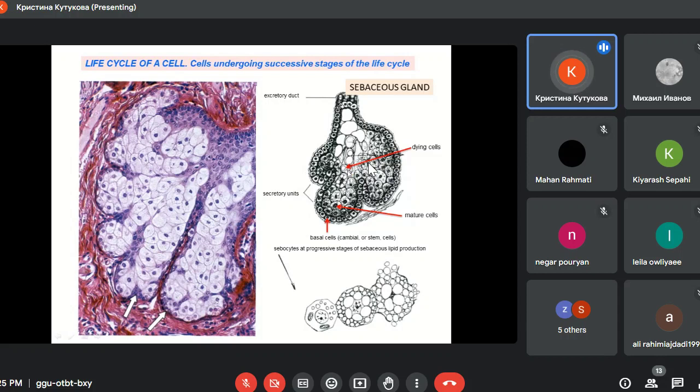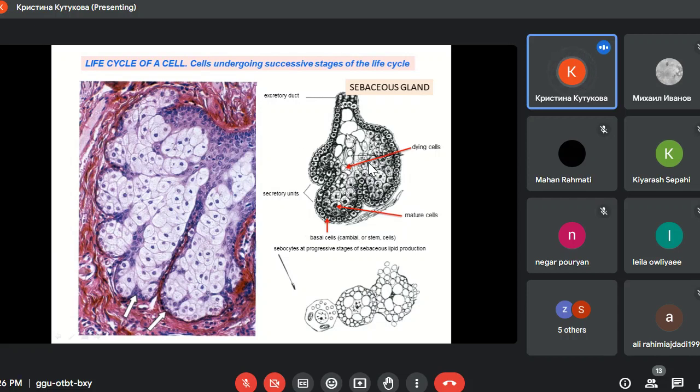Dying is the process when the organelles start to disintegrate, to break down, and also the nucleus starts to break down, and finally it will disappear. And finally all the cell is dead, and it is actually now just a large bubble filled with a lot of smaller vesicles filled with lipids.